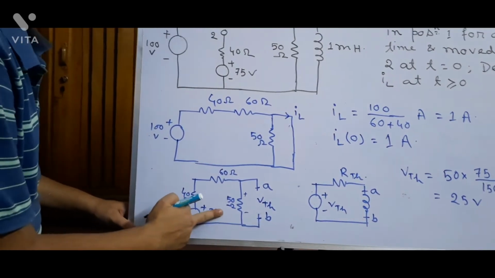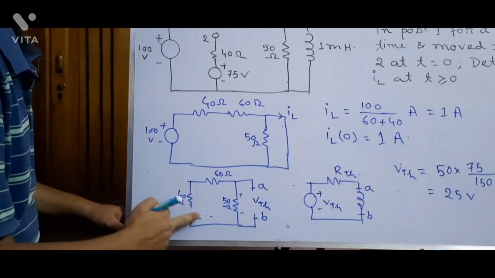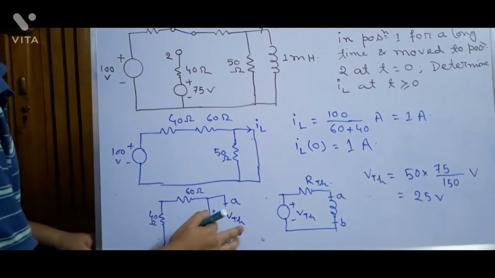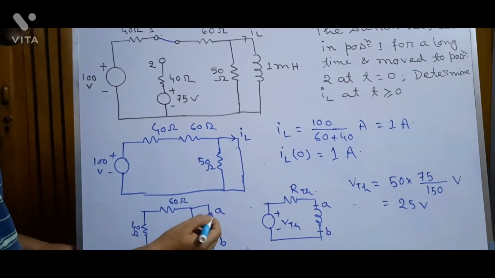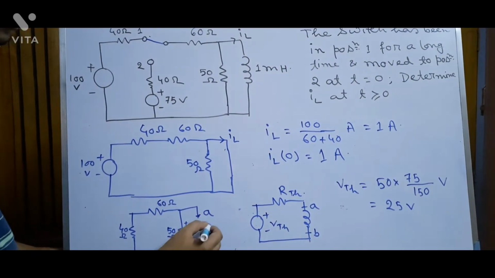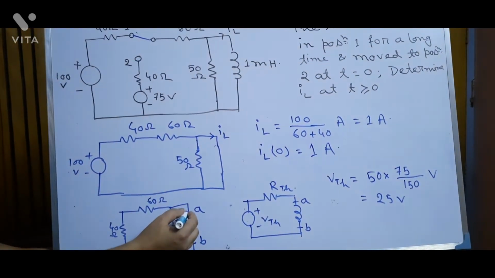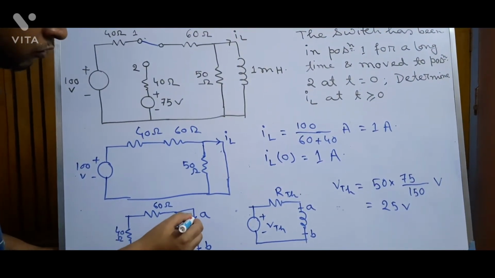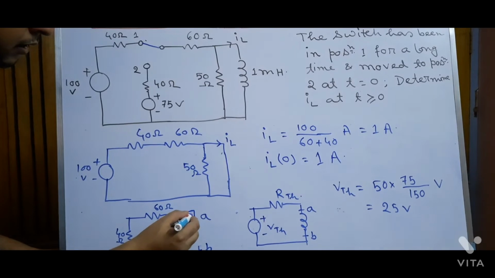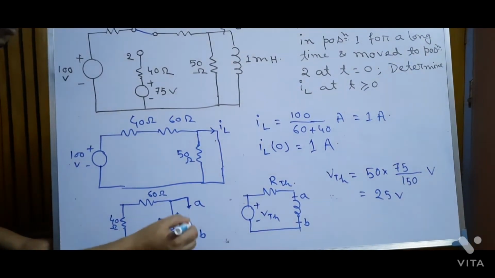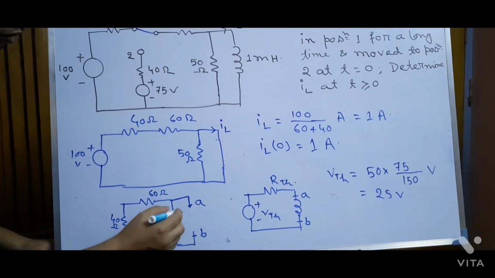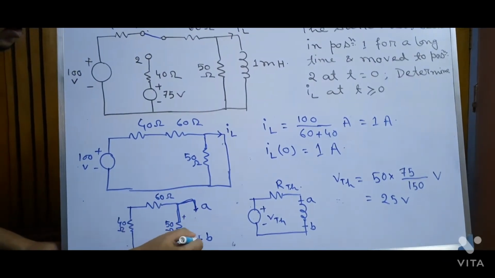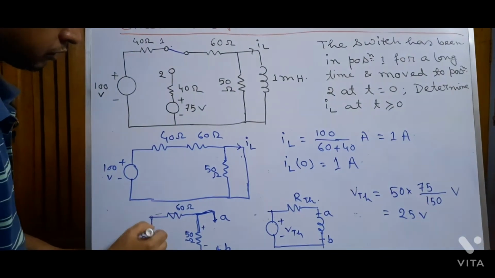Now let us determine RTH. In order to determine RTH, we have to short this voltage source, and we have to determine the resistance across A and B. Look, there are two paths. We can go from A to B in two ways, one through this one and another through this one.